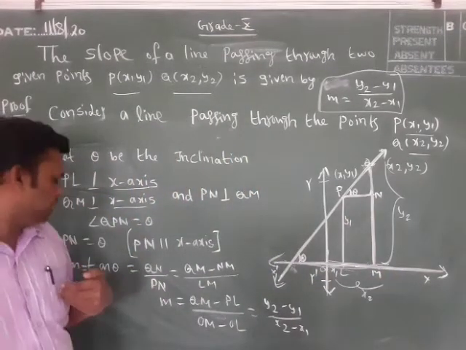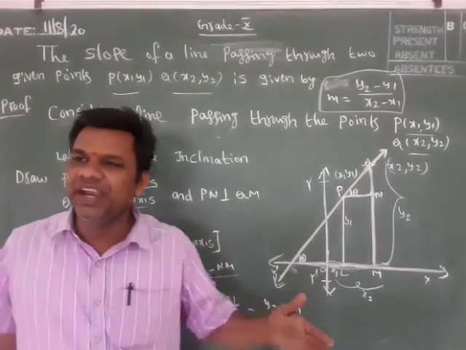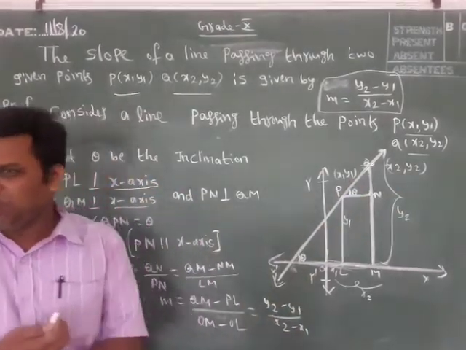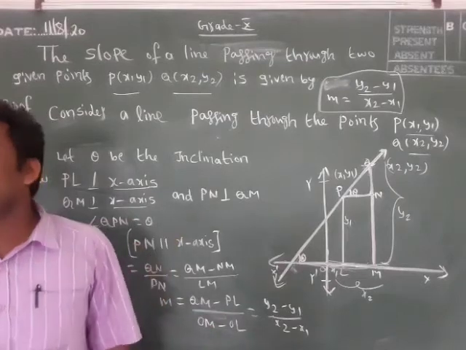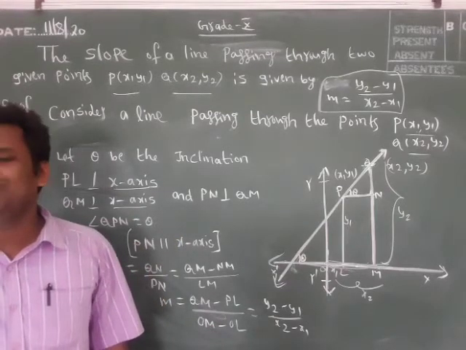Now, slope is represented with the letter m, and m equals tan theta.